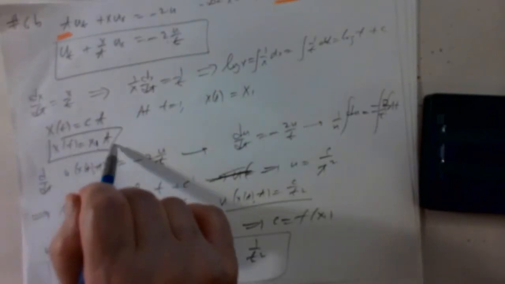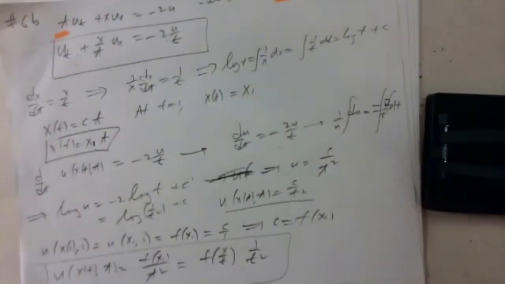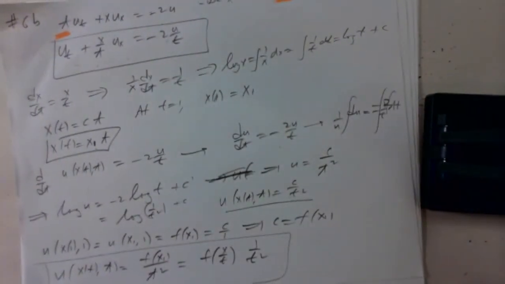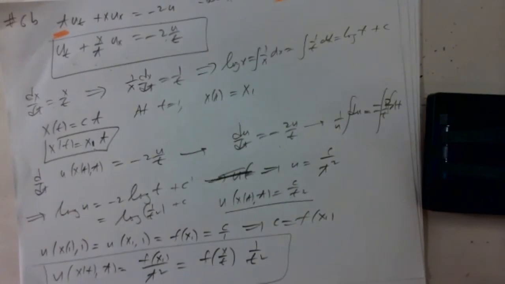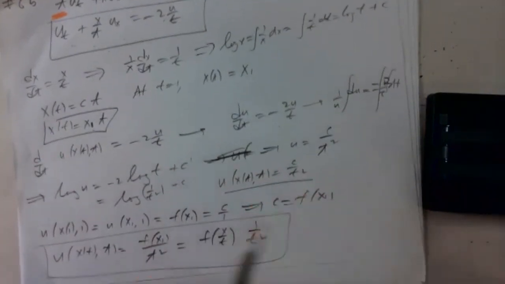The solution of this differential equation is just constant times t. And the constant is x1, the value of the initial condition at t equal 1. And you work your way through, and this is the solution. And if you check, you'll see that it works.